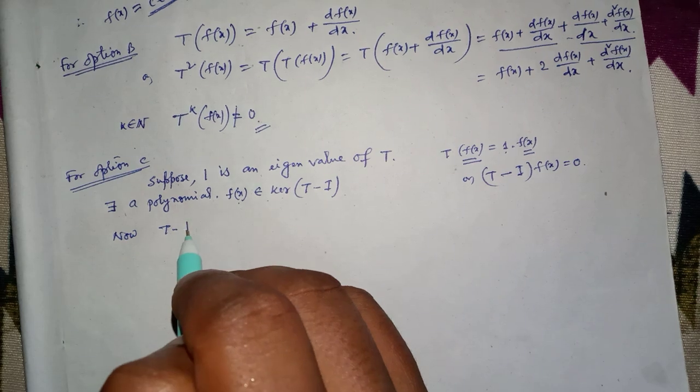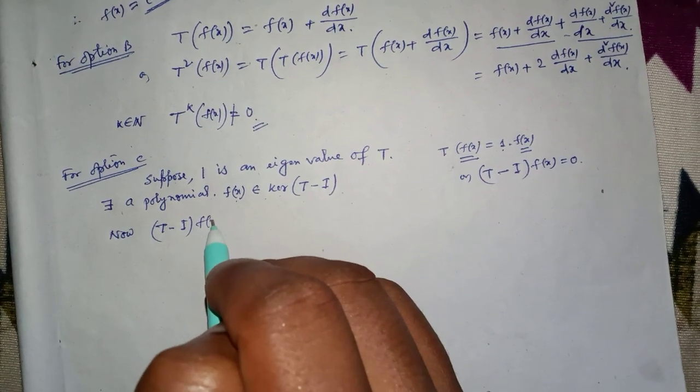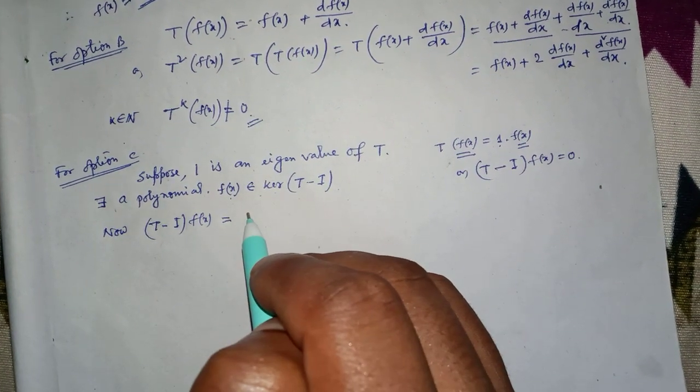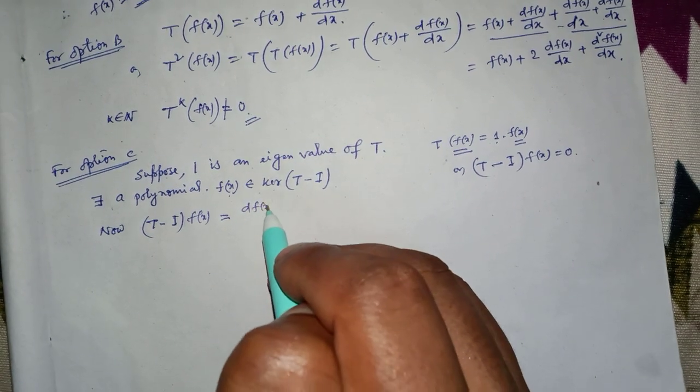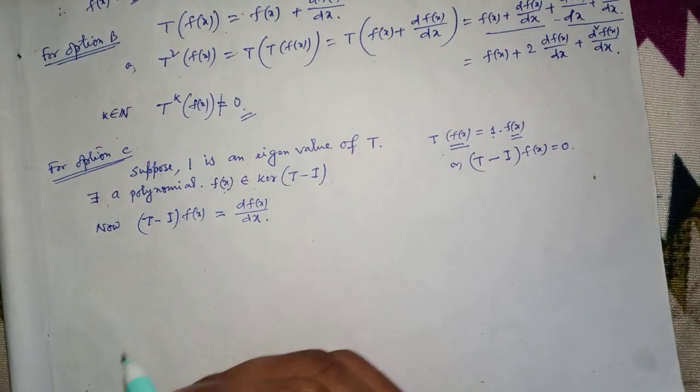Now (T − I) of f(x) is equal to df(x)/dx.